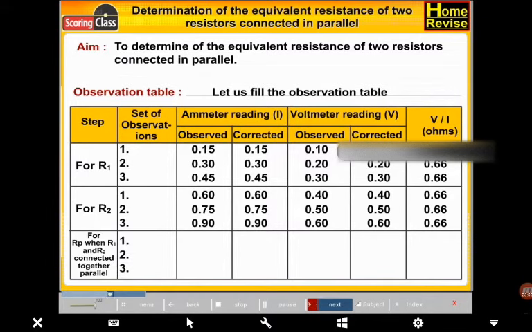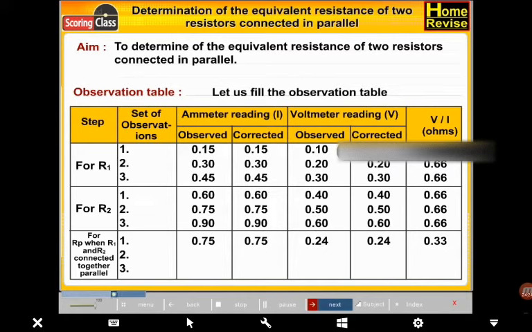For Rp, when R1 and R2 are connected together in parallel, first set of observations, ammeter reading observed 0.75, corrected 0.75, voltmeter reading observed 0.24, corrected 0.24, it is 0.33 ohms.